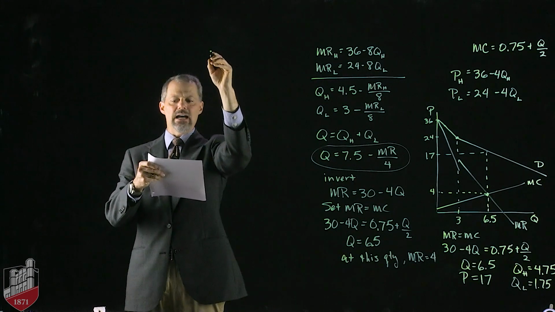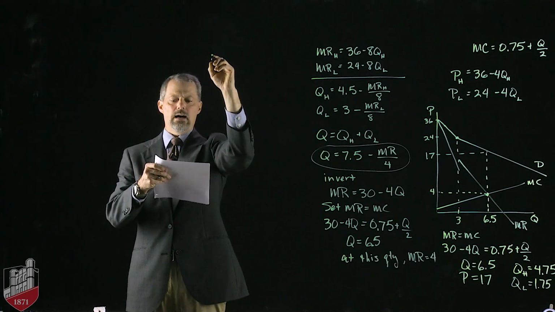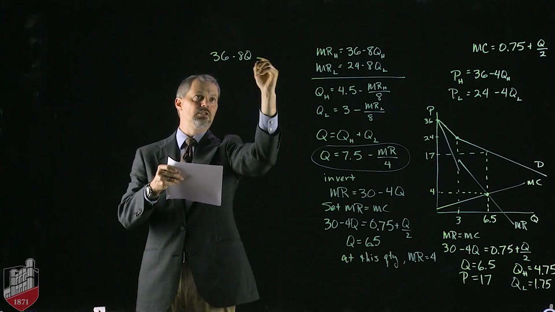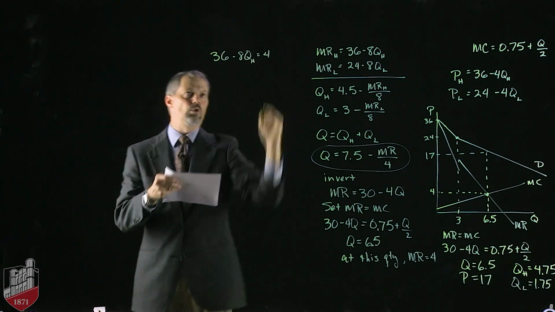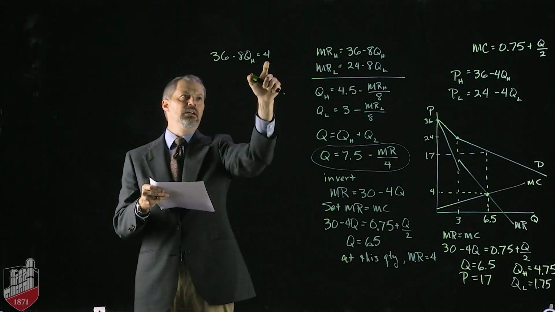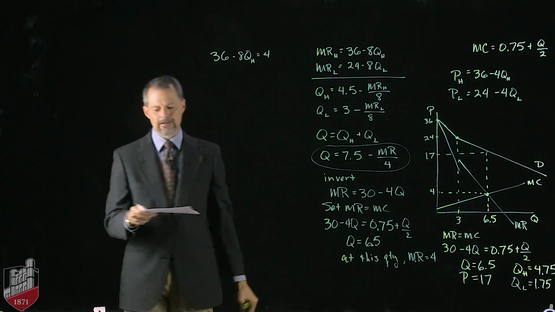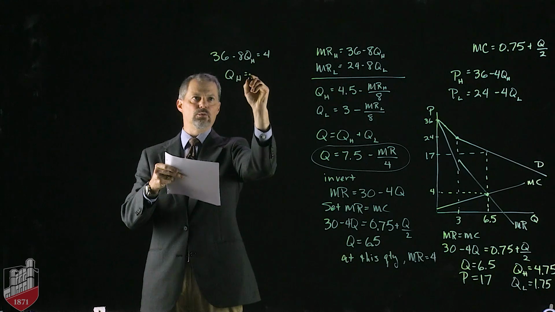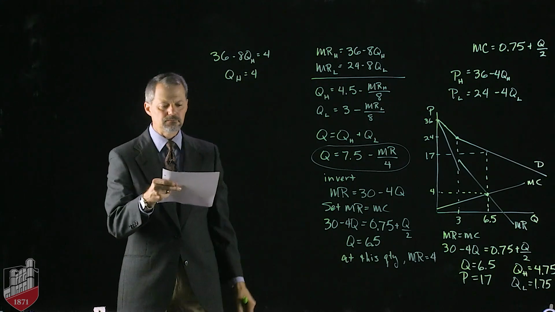Let's do our high group first. 36 minus 8QH is equal to 4. That's marginal revenue equals 4. When you solve that, you're going to get QH equals 4 units.